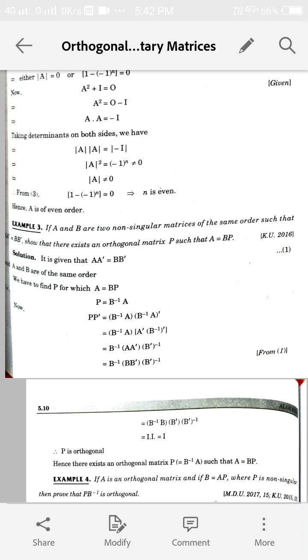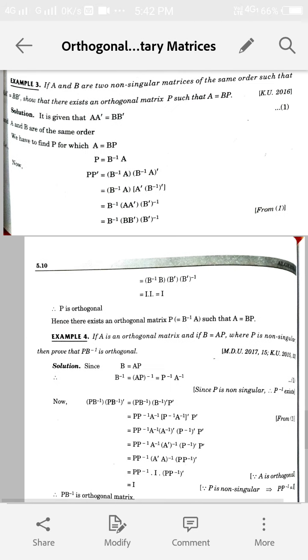Now combine A into A transpose, and A into A transpose is given as B into B transpose. So replace A into A transpose with B into B transpose. Now again regroup this B inverse into B in one bracket and B transpose and then B transpose inverse. And the product of these matrices will be identity matrix. So we are left with P into P transpose is equal to identity matrix.